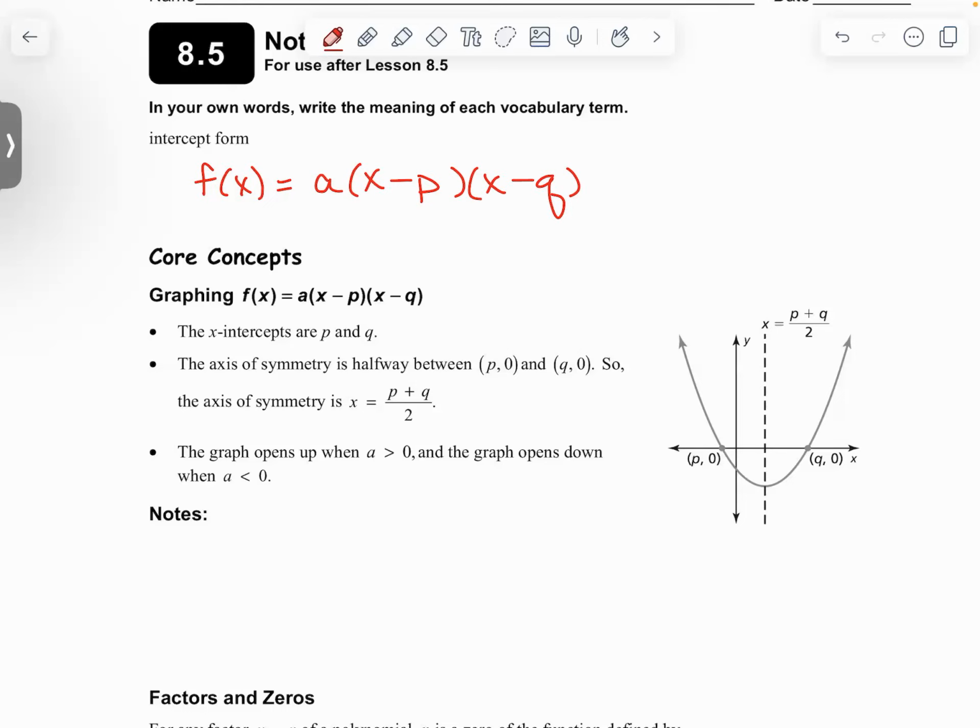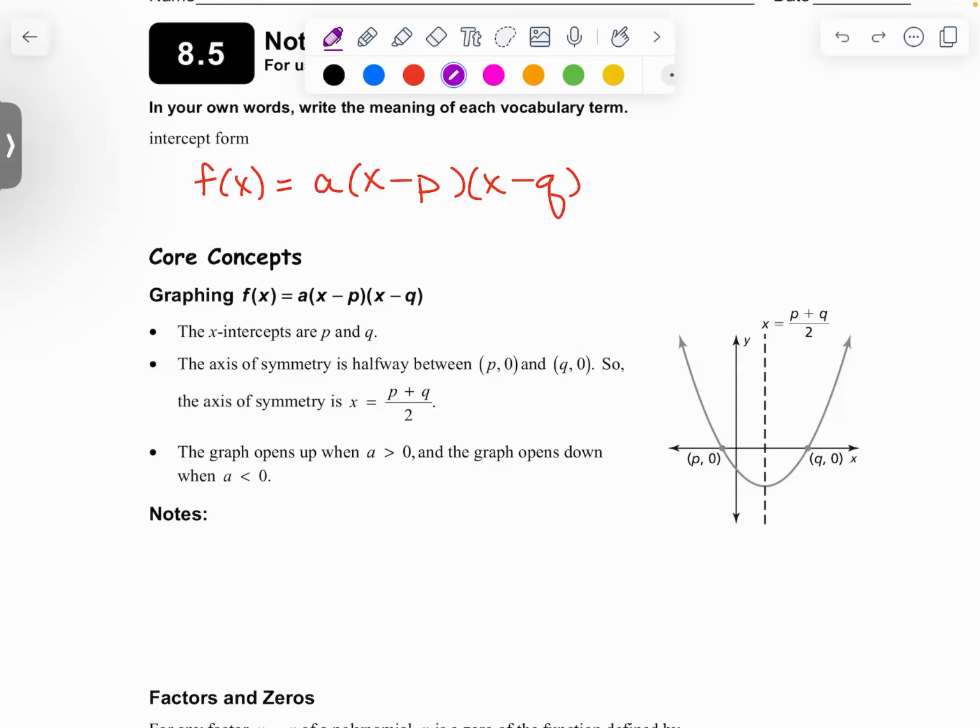And why we call this intercept form is because if we were to take this and say, hey, what happens when it equals 0? We would get our x-intercepts.